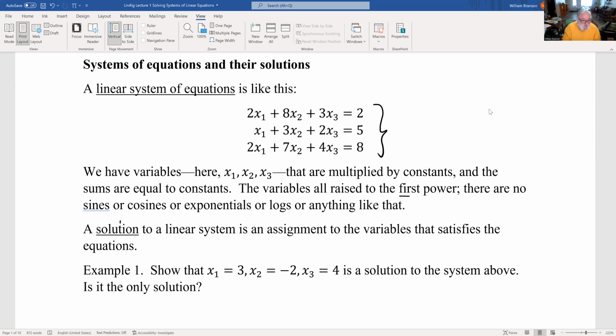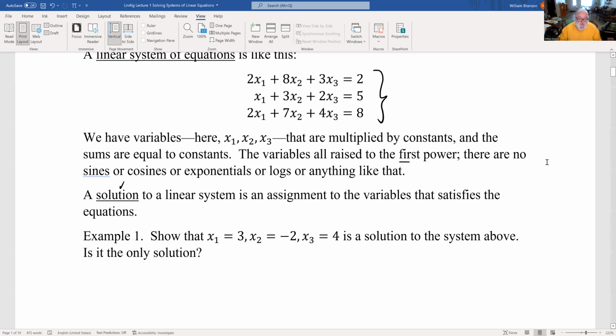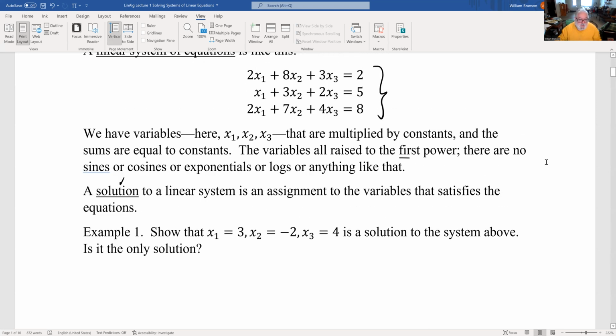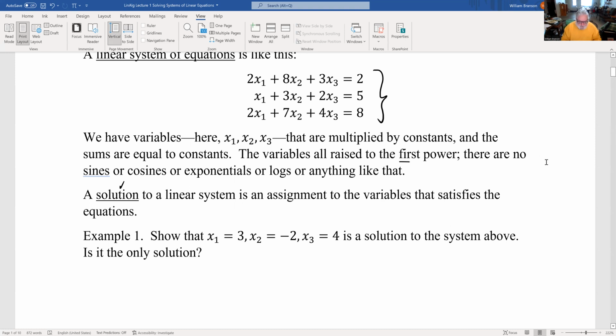So a solution to a linear system is giving numbers to x1, x2, and x3 so that it actually works. So how do you check that x1 equals 3, x2 equals -2, and x3 equals 4 is a solution? Well, you plug it in. That's how we show things are solutions. So we'll do the left-hand side. We get 2 times 3 plus 8 times -2 plus 3 times 4.